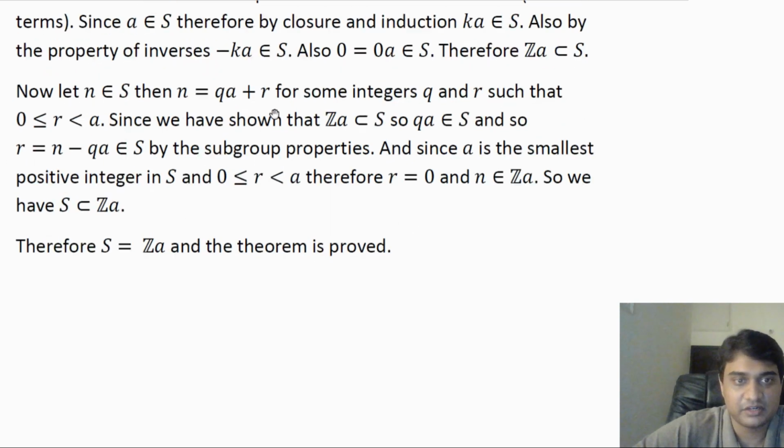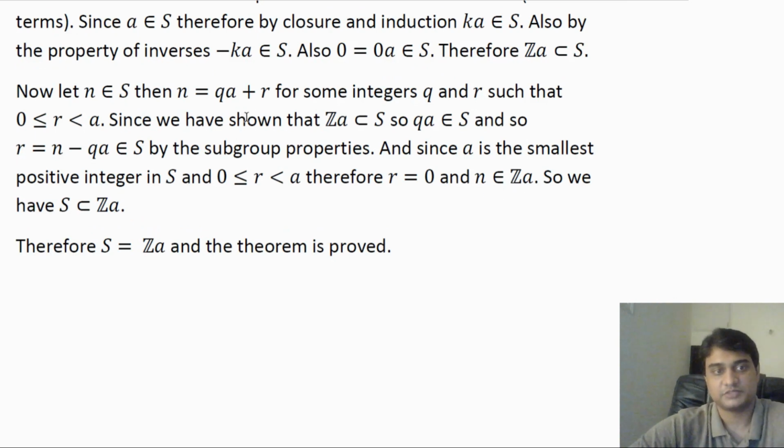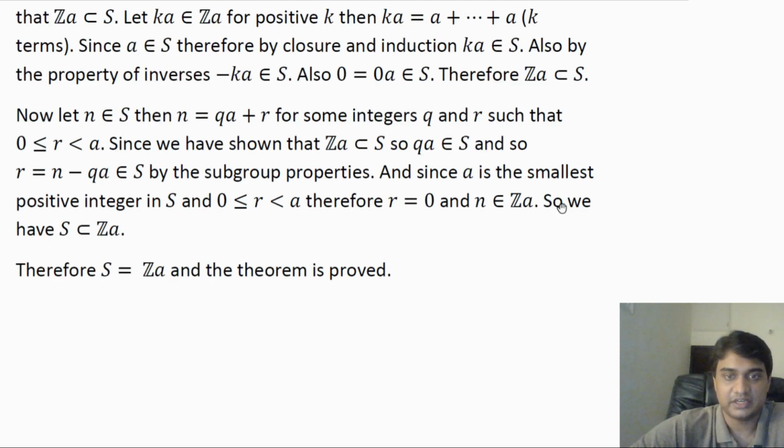So this remainder r equals 0 and n equals q times a. Therefore n is an element of ZA, right? Because ZA consists of all the elements of the form a times k, where k is an integer, and qa is such an element, and n equals qa since r equals 0, so n is in ZA.